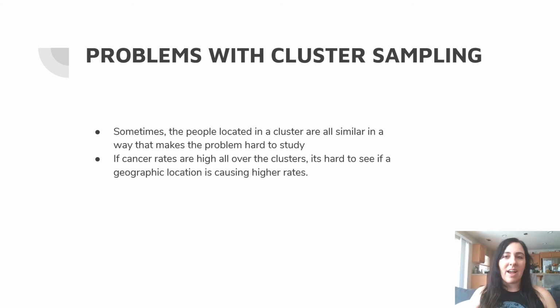There could be other factors associated with that and maybe causing the problem as well. Cluster sampling isn't always going to be able to weed out the problems and make it more obvious what's happening. In a situation where everyone seems to be doing the same thing and has a similar lifestyle, cluster sampling might not help.